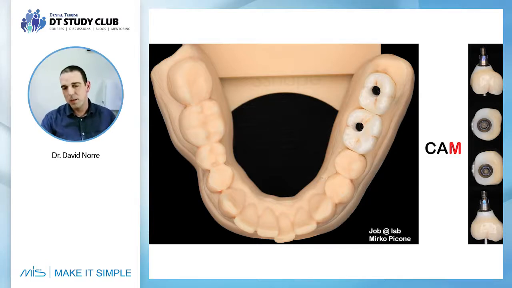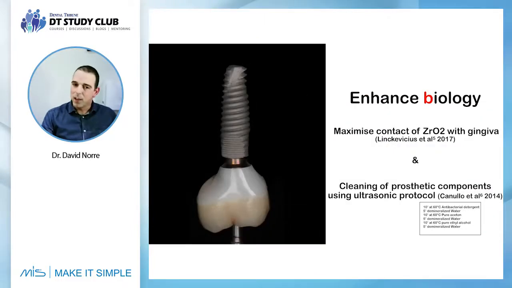The manufacturing of the crowns again follows biological principles. The first 1 millimeter has to be as narrow as possible, biocompatible, strong, so that you have your hemidesmosome formation. The part on top of it has to be as narrow as possible and as wide as necessary for the crown. Again, it's very important to use a good contact point.